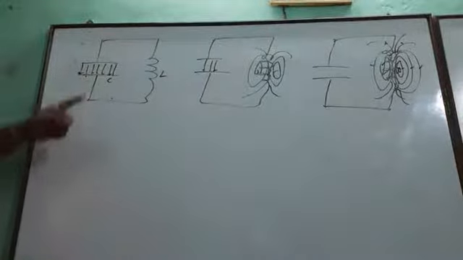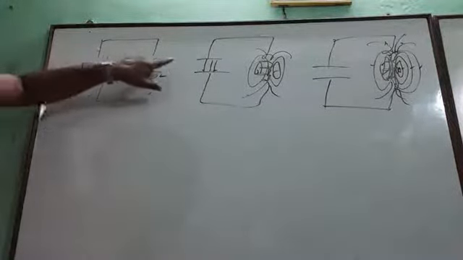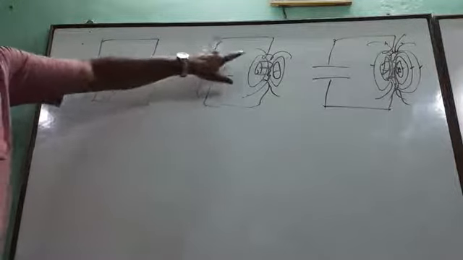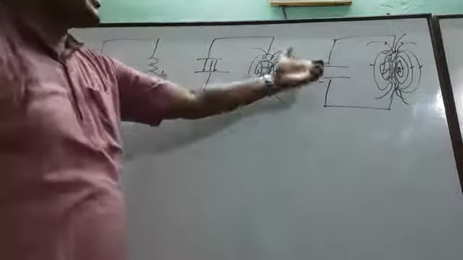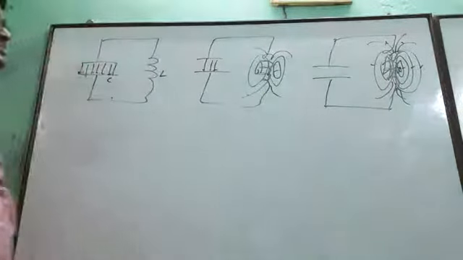So you see, first it was electric energy only, then electric energy decreases and magnetic energy increases, and again after some time the total energy is converted to magnetic energy.